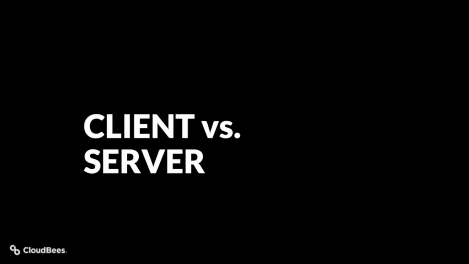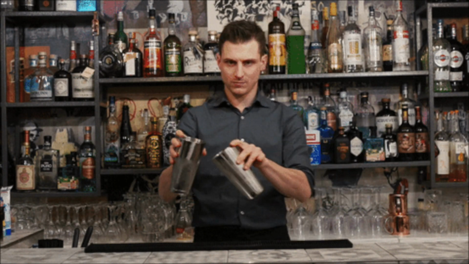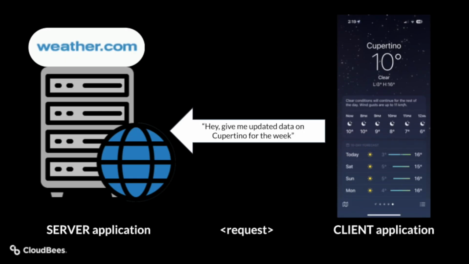Another concept you'll frequently hear about when talking about connected applications is the notion of client and server. Are we in a bar or what? No, no. Simply put, a client is an application that requests something, could be a web page, a video, anything really, from a remote application, which we call a server, that will serve that request.